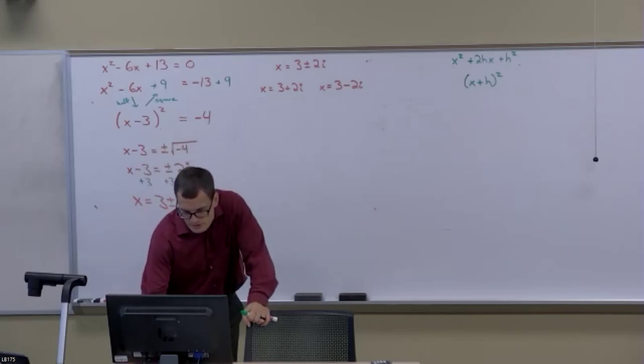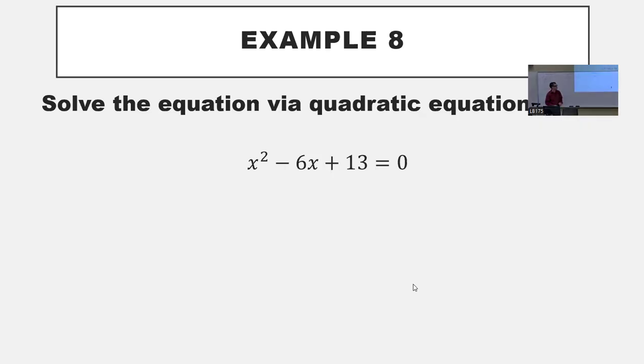So you can use completing the square. You can also use the quadratic formula. And it'll work on any quadratic equation that you can write this way. Any quadratic equation where you can get ax squared plus bx plus c equal to 0.